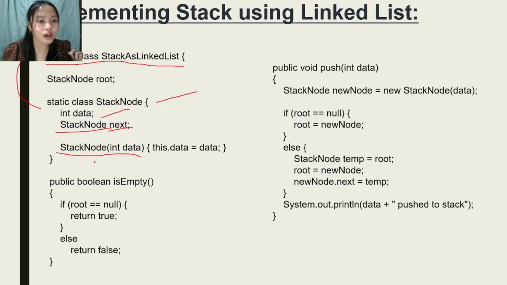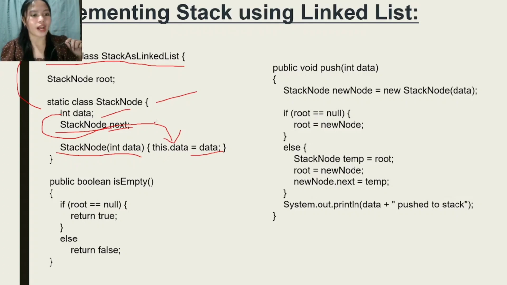So in our StackNode special method, we initialized this attribute of our StackNode class, the value data. We accessed our variable data, or our attribute data of our StackNode, using the this keyword.